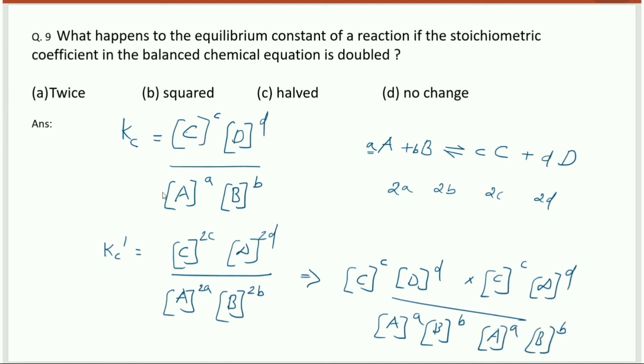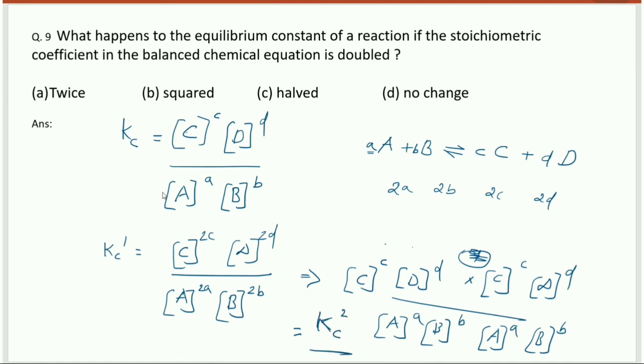I am writing this only to make you understand. So this is what A raised to m into A raised to n is A raised to m plus n. So this is 2. When you add these, C raised to c plus c, and D raised to d plus d, you will get 2c and 2d. So the result is Kc square.